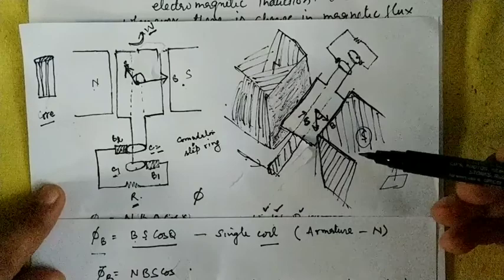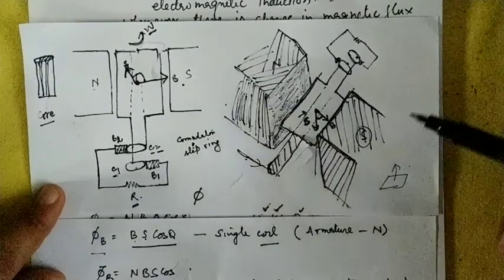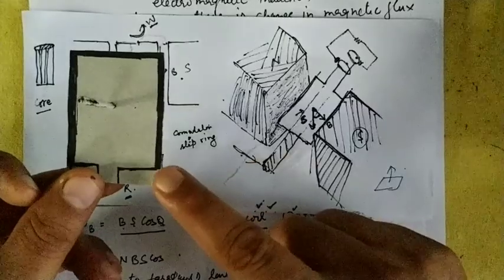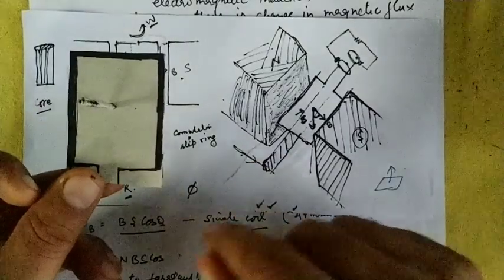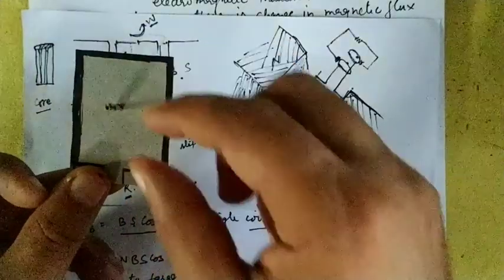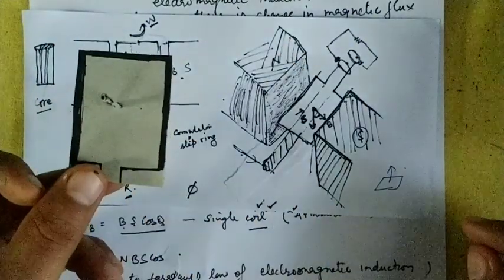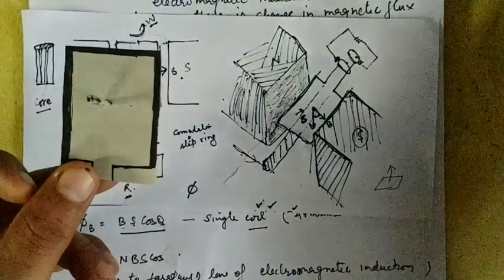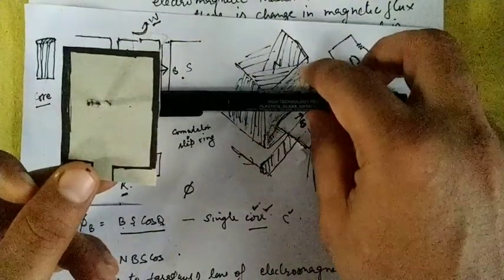So what is basically happening when we rotate this armature? See here, this is the plane of the armature, and the direction of its surface area vector is perpendicularly upward, shown by a stick. The magnetic field is along the direction of this pen.